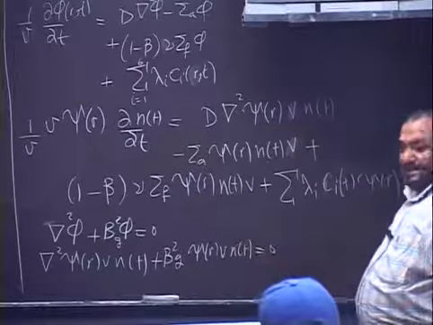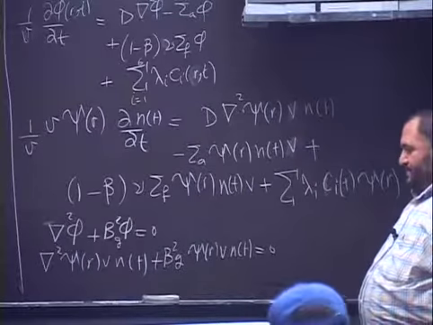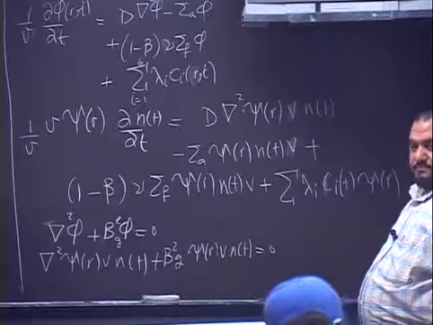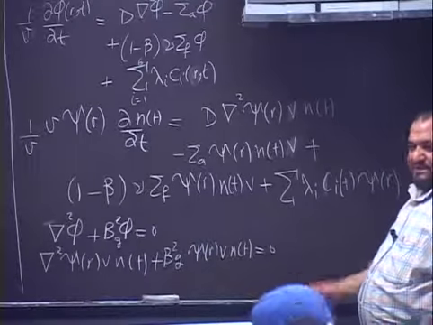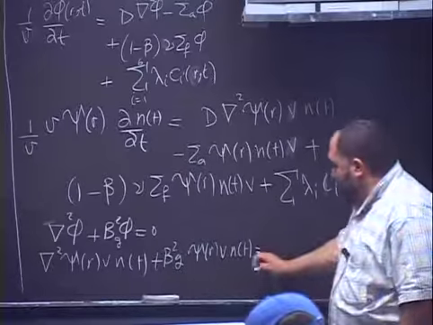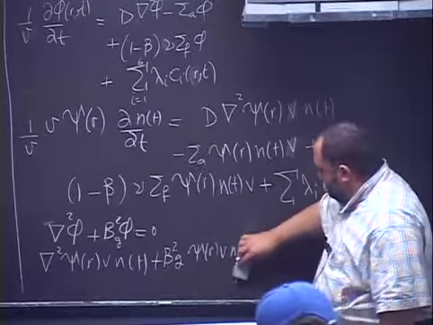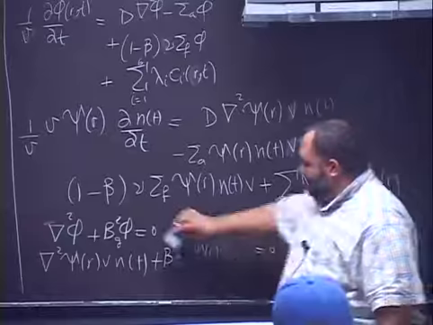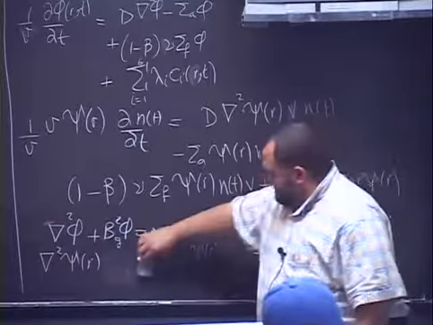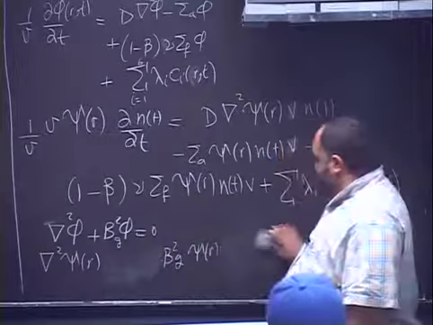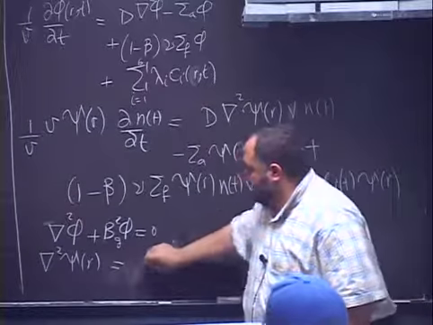What term can I cancel from this equation? V, and n of t, since I don't have any d by dt. So V n of t will be cancelled. Then you can take this term to the other side of the equation and you will get a negative sign.